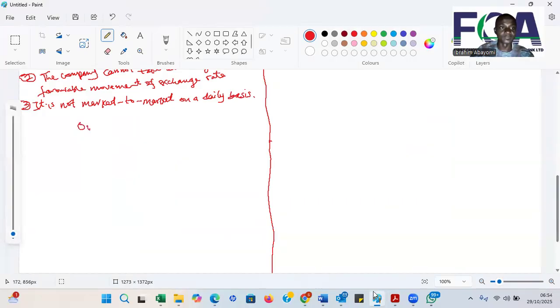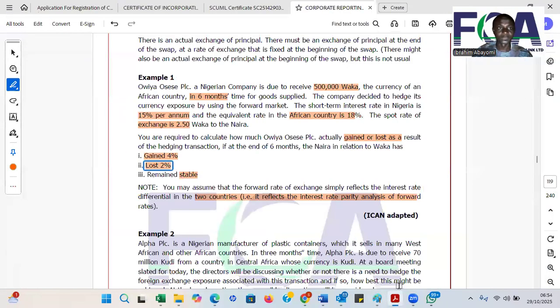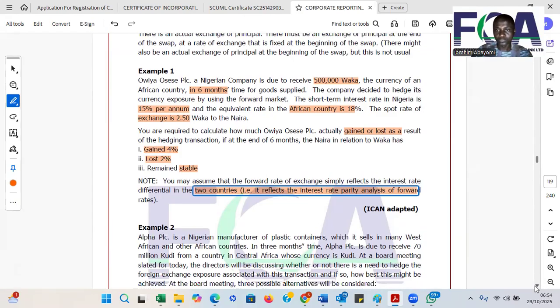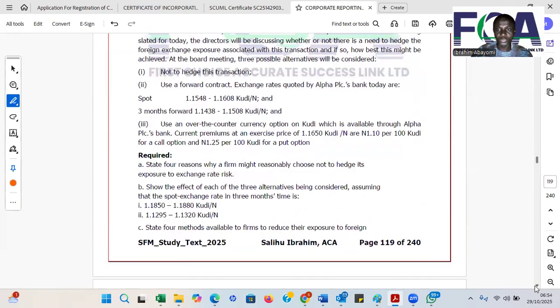Owuya Osese. That is question 1, right? Yeah, should be question 1. Question 1, page what? Page 119, okay.